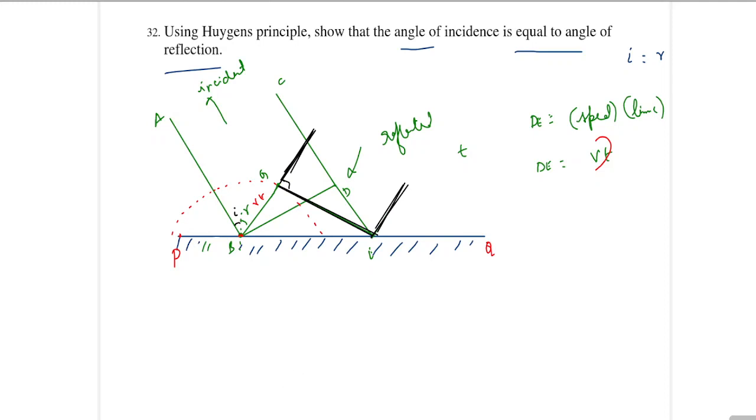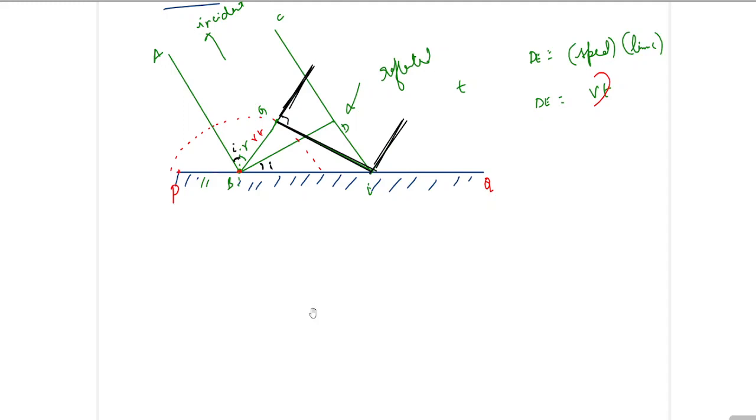I is equal to R. Now suppose the angle is I here, even this angle also becomes I. This again is a property of mathematics, and there is a reason behind it. If we push this line to fall along the normal, that is, if we make AB fall along the normal, which I call N dash, then BG will be along BE.